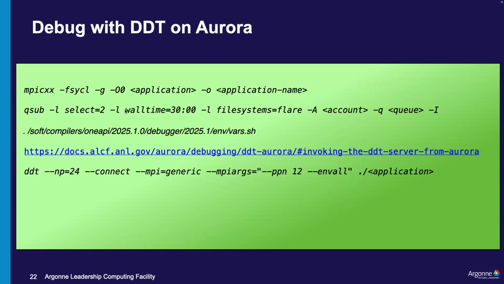A good way to debug is in an interactive session so that you can get the UI and debug within that session. One of the reasons why you need to run this script is because on Aurora, at least at the time, it had an older version of oneAPI, and we've been working with Intel to fix some of their issues so that we can debug better.